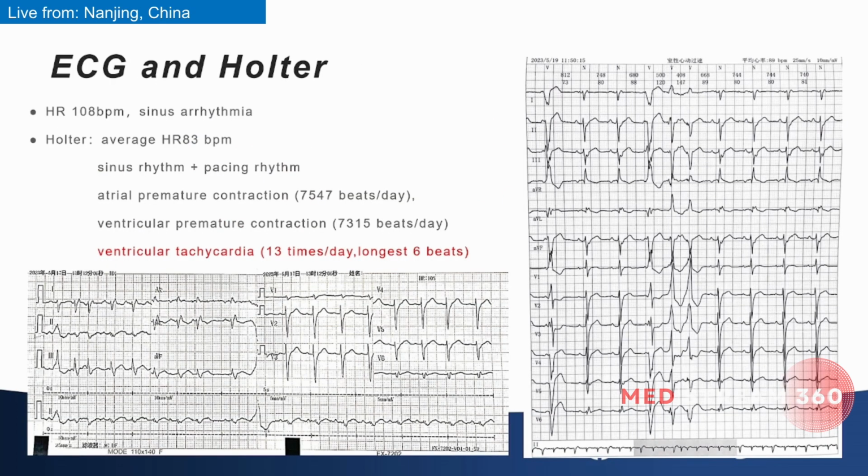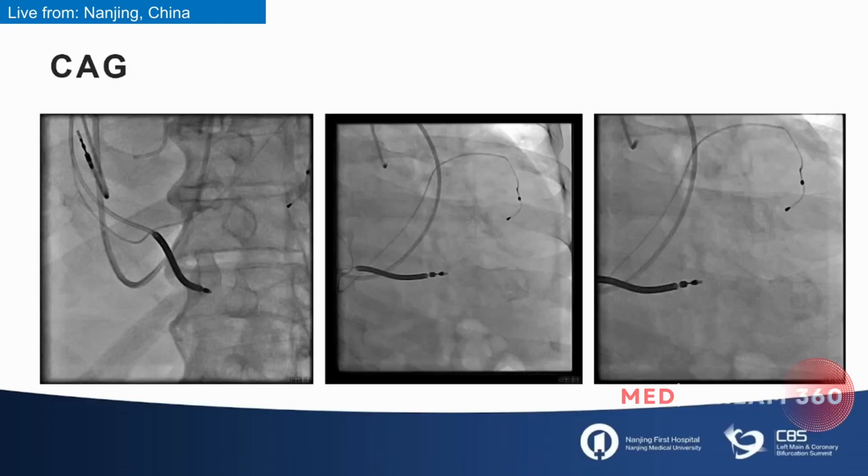The ECG and Holter show sinus arrhythmia, and the Holter discovered ventricular premature contraction and ventricular tachycardia.